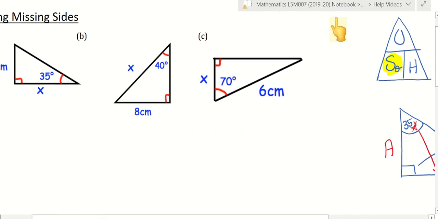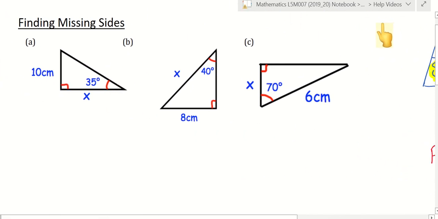So let's have a look. This is trigonometry to be able to find missing sides. Your step one is to label your triangle. So opposite the right angle is H. Opposite the angle is O, and this is A. My second step is to highlight the two that I need.